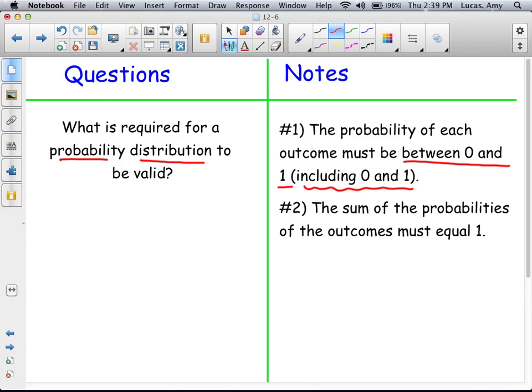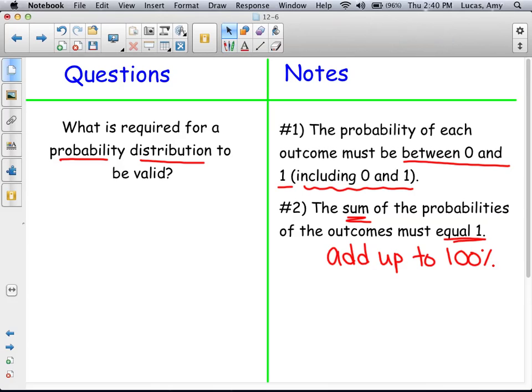The second requirement is that the sum of the probabilities of all of the outcomes has to equal 1. So they have to add up to 1 because the decimal for 1 is 100%. So if they're in decimal form, they must equal 1. If they're in percent form, they have to add up to 100%. Otherwise, you don't have all of the possible outcomes for the situation if they don't add up to 100%.